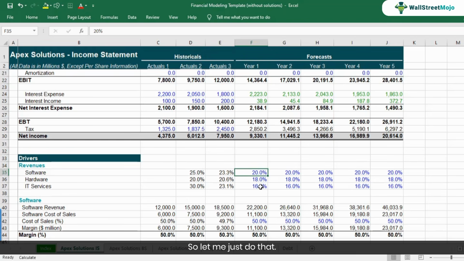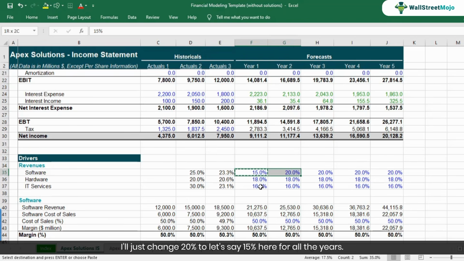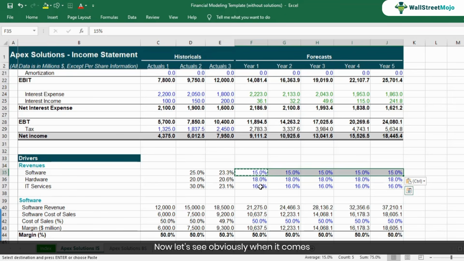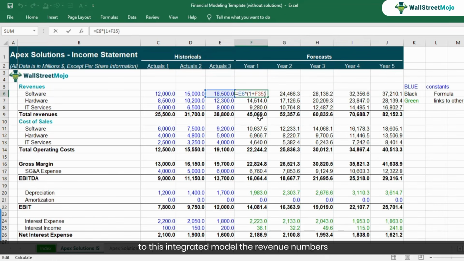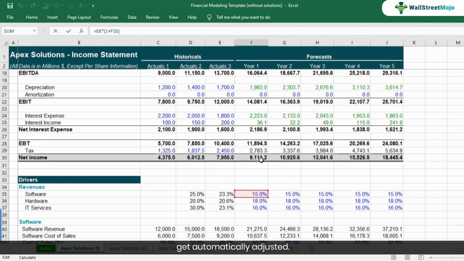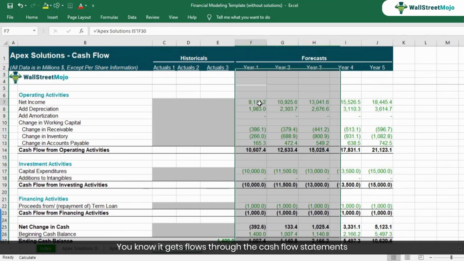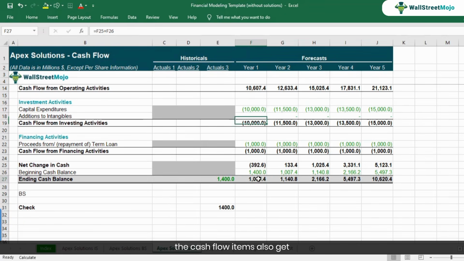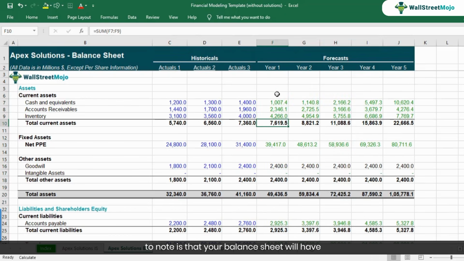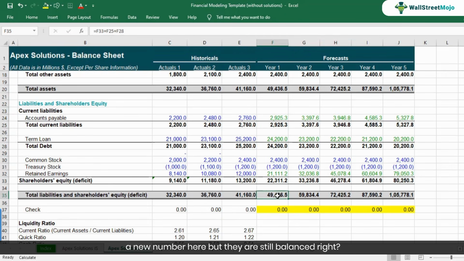So let me just do that. I'll change 20% to 15% here for all the years. Now, obviously, with this integrated model, the revenue numbers get automatically adjusted, the net income numbers get automatically adjusted, it flows through the cash flow statement, the cash flow items also get automatically adjusted, and the important thing to note is that your balance sheet will have new numbers here, but they are still balanced.